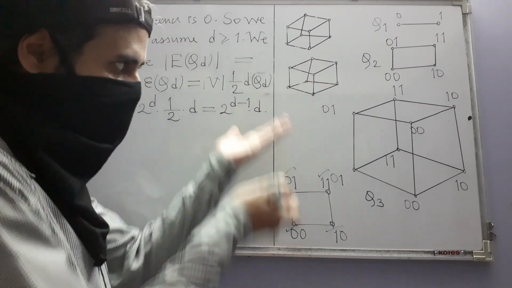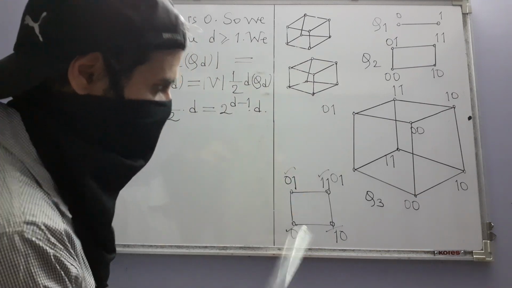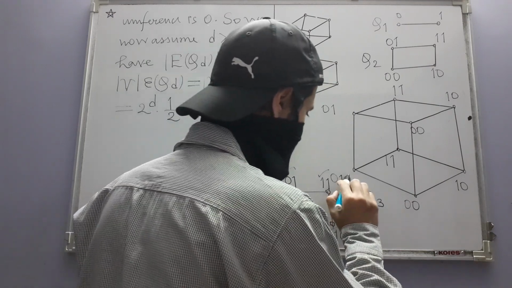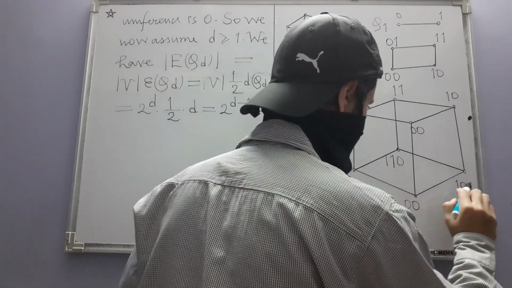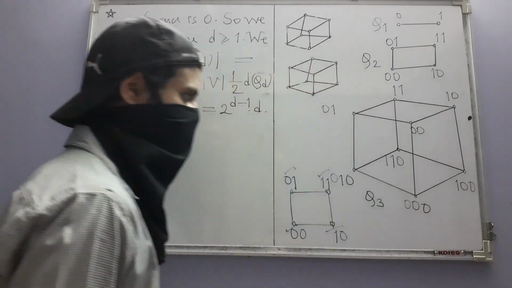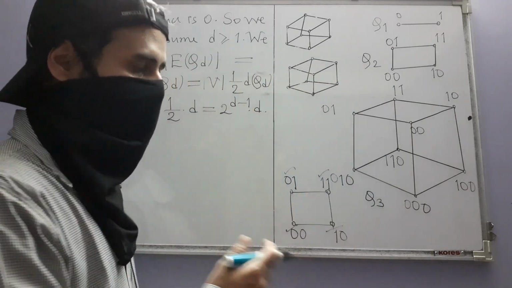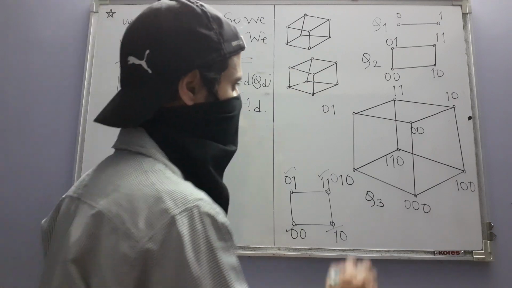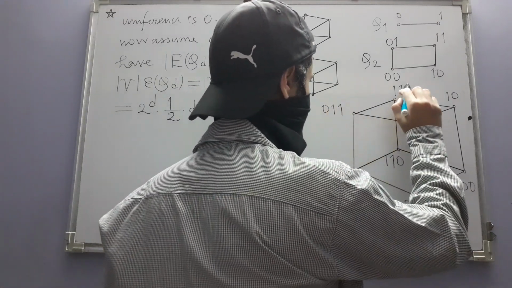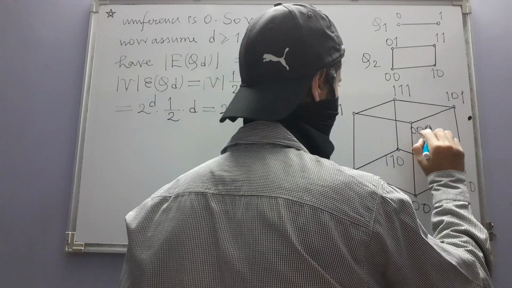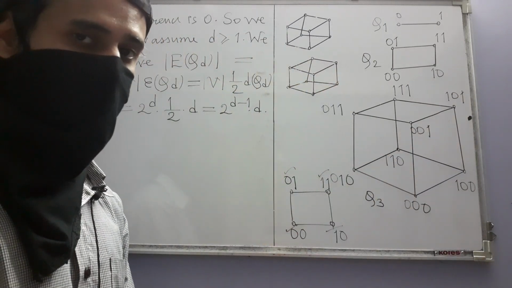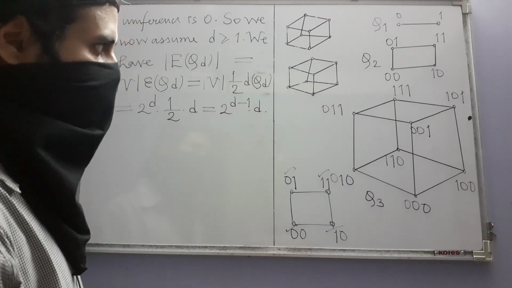You see exactly the same thing, just like these two. And then whatever we did here, we augment all the strings in one copy with 0 at the end, and in the other copy we write 1 at the end. That creates Q3 from two copies of Q2.